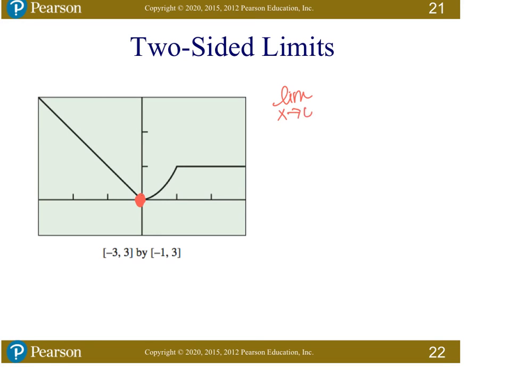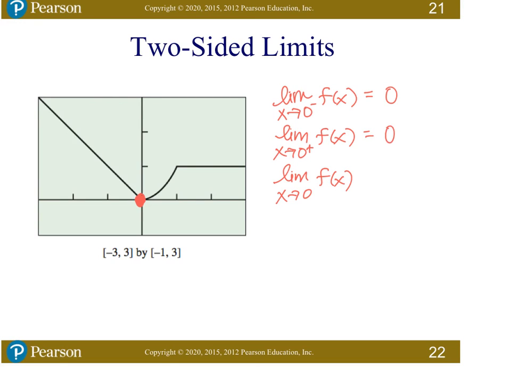I'm going to write approaching 0 from the left, compare it to the right, and then conclude what I can about approaching 0 overall. Approaching from the left, I approach the origin, which is 0. Approaching from the right, I approach the origin, which is 0. And so the limit at 0 overall is 0.